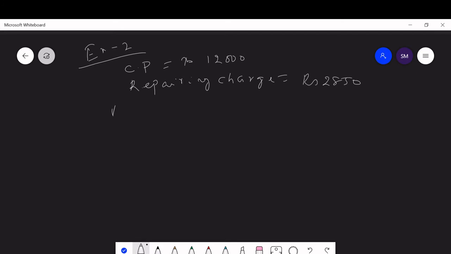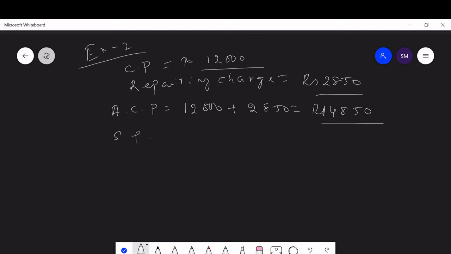Then the actual cost price is equal to cost price plus repairing charge, which is 12,000 plus 2,850, which is equal to 14,850. This is the actual cost price of the scooter.